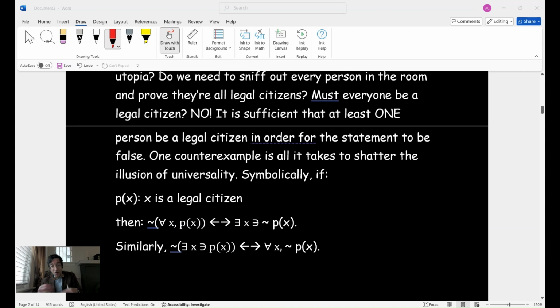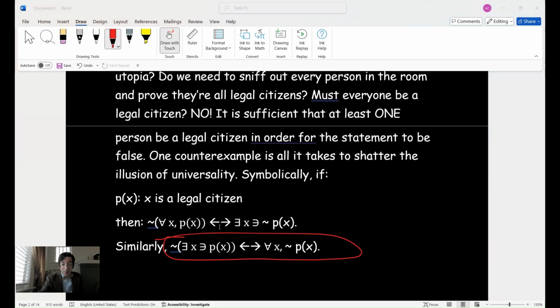That's logically equivalent to saying there exists at least one person in this room who is not a legal citizen. Then you have another fun twist: there exists at least one legal citizen in the room. And what happens when we toss that statement into the negation blender? Well, you get the second one, right here.